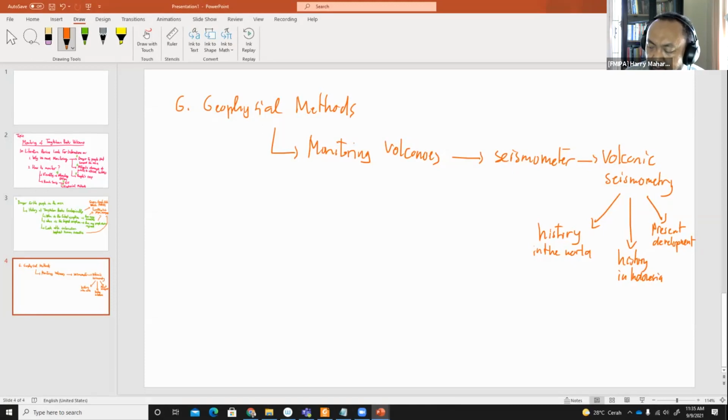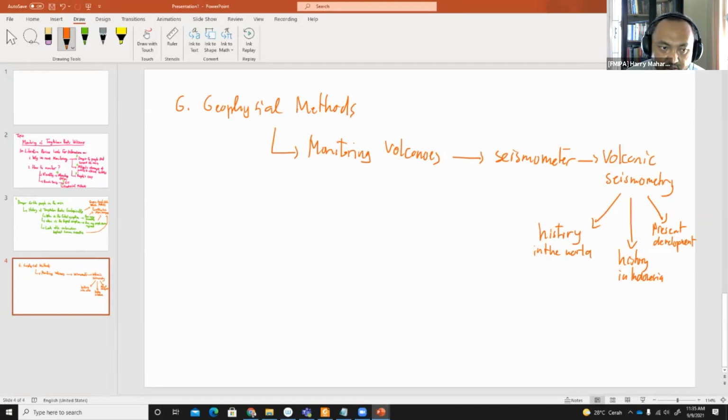So gathering current information for your paper is more preferable than using references, newspapers or articles from 10 or 20 years ago.